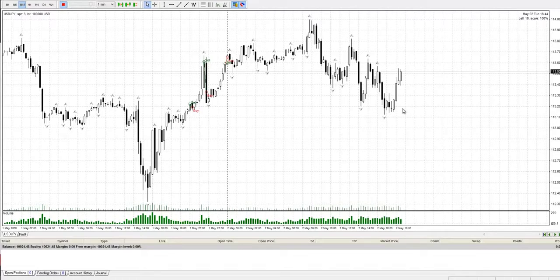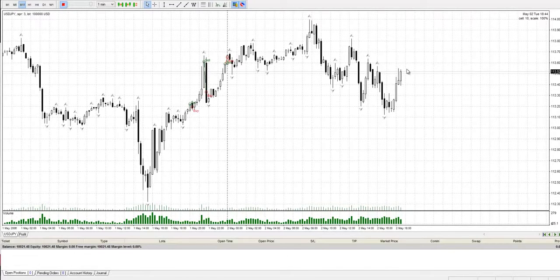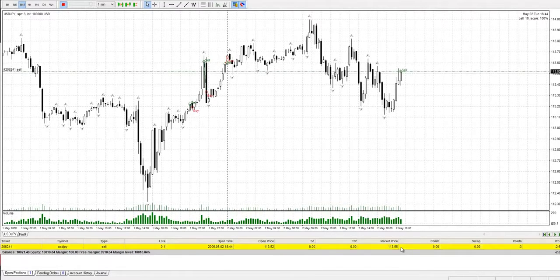Okay, this is another trade. As we can see, this 4th bar has a larger body but it has smaller volume, so we can sell against this move.